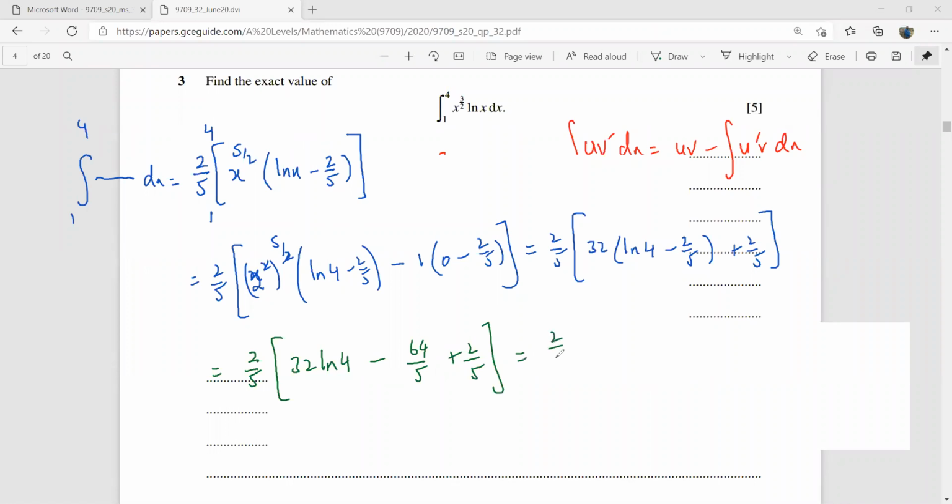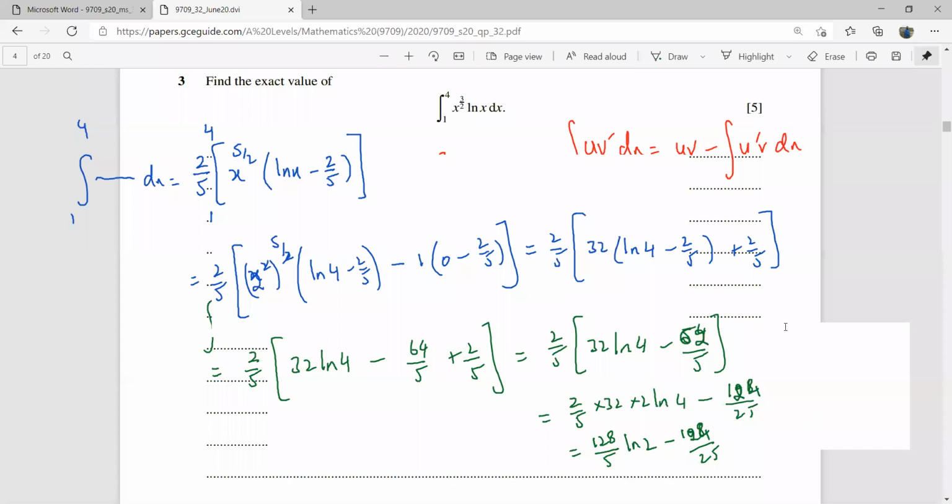This is 2 over 5 into 32 ln 4, and if you take LCM at 10, minus 64 is minus 54 over 5. Now what's the answer? Please check that.